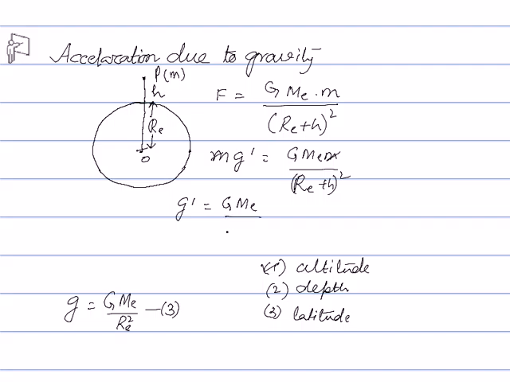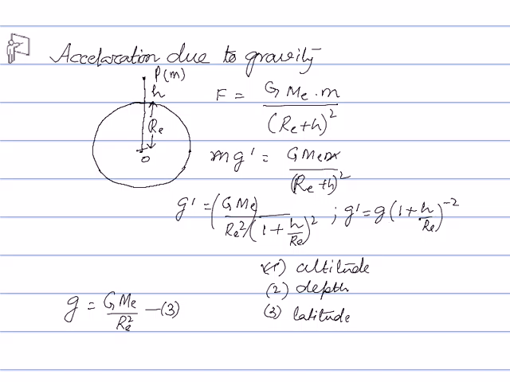We can take out R_E squared common here, so this expression becomes (1 plus h by R_E) squared. So this is the acceleration due to gravity on the surface of Earth, and we can write g dash equals g (1 plus h by R_E) to the power minus 2.